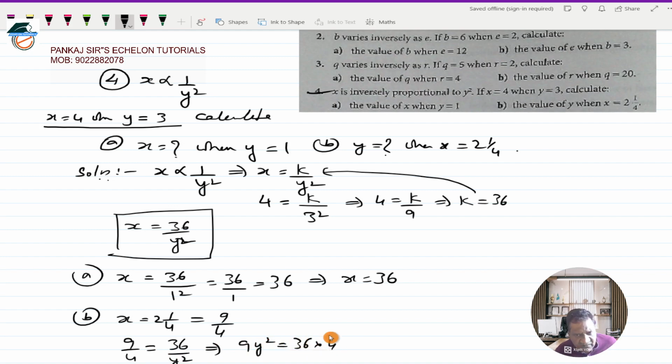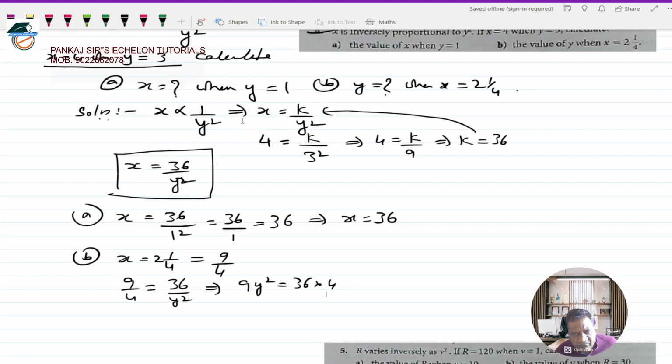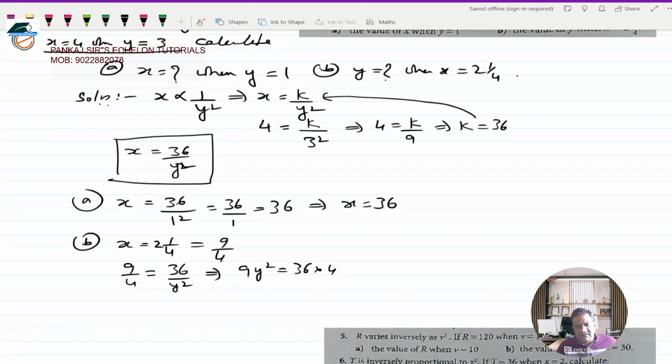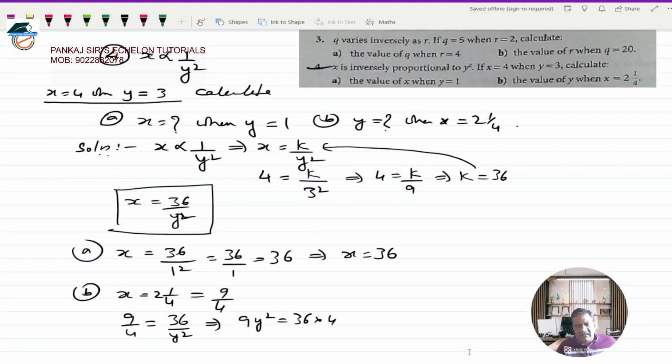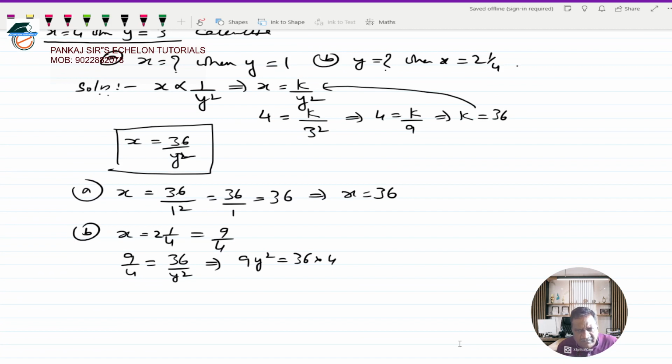Now I want to find out y, isn't it? So y square will be equal to 36 into 4 upon 9.